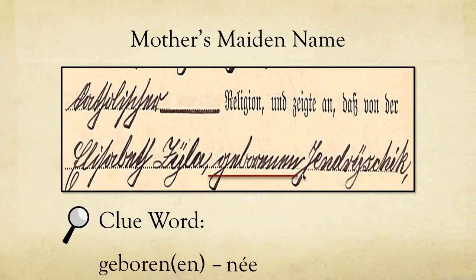Sometimes this word means born. It can either mean born or it can mean née. We'll talk more about the other meaning later, but for this purpose, it's going to show that the maiden name will follow. And here our maiden name is Jędruszek, which is quite a mouthful. So look for geboren, maiden name will follow.